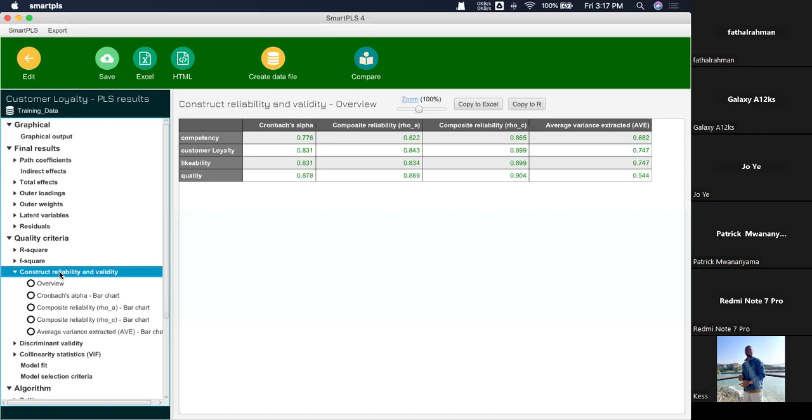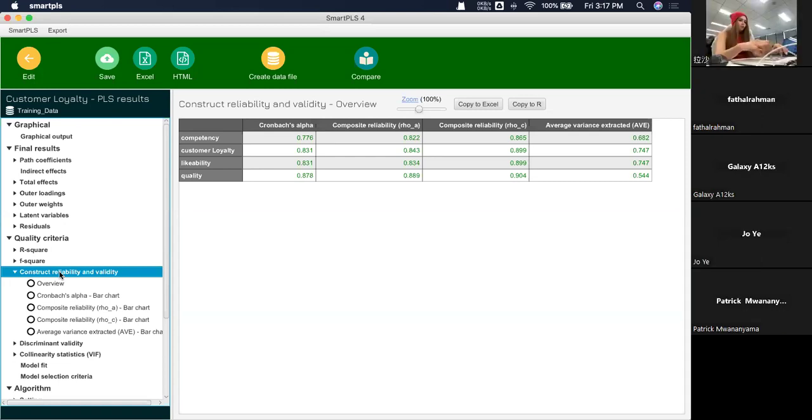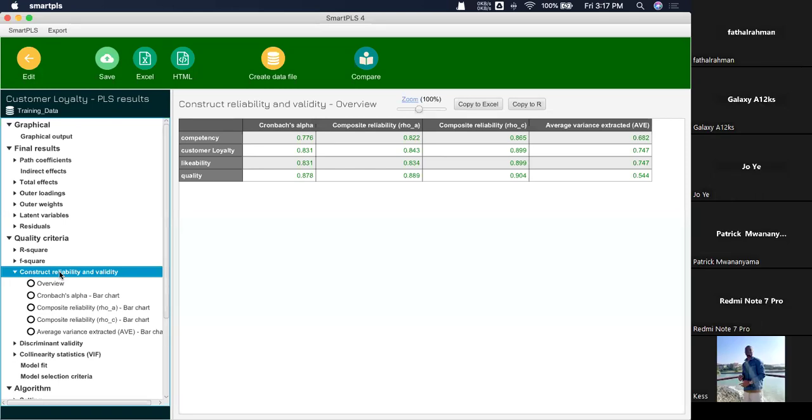Now, we have two variables that did not satisfy the condition of what? 0.70 on the factor loadings. And the condition is that factor loadings between 0.4 and 0.70 should be considered for deletion only if their removal leads to an increment in the composite reliability and average variance extracted.